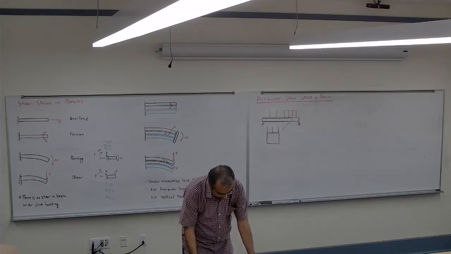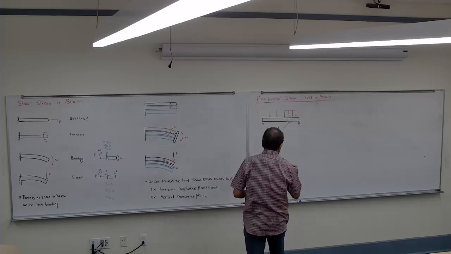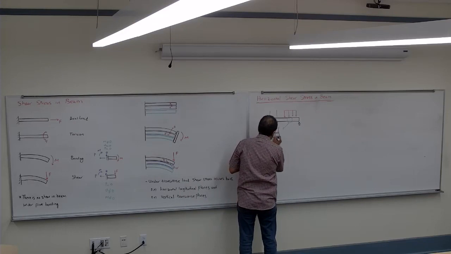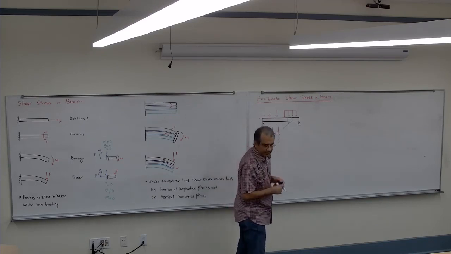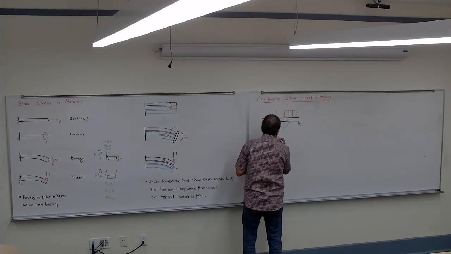And then I'm going to pick an element inside that and call it C, C prime, D, D prime. So I'm going to bring out an element inside that, the element here. Call that C. So it's going to be C, C prime, D, D prime.